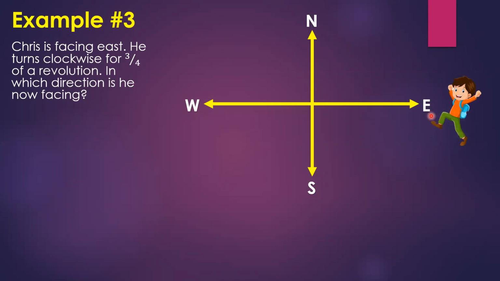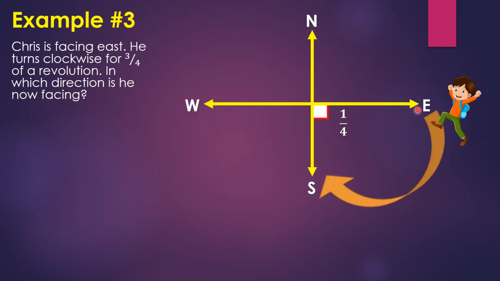He's facing east. Now he has to go in what direction? Clockwise direction. This is not anti-clockwise direction. This is clockwise direction. So that means we have to go in this direction, right? So we have to go from east to south.